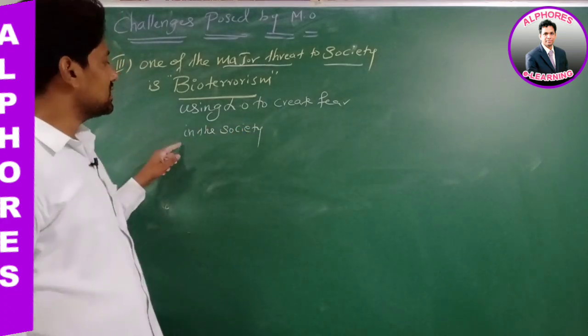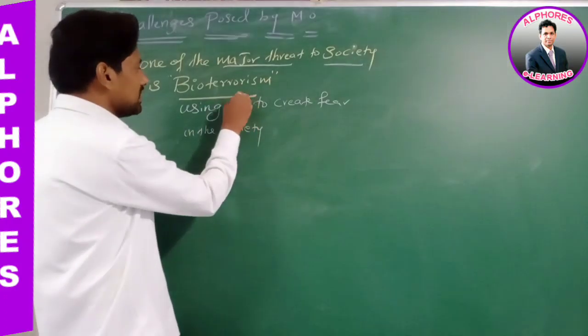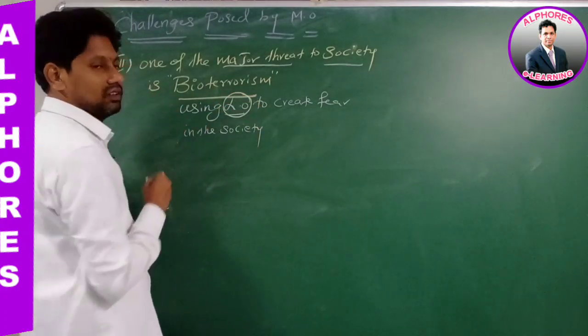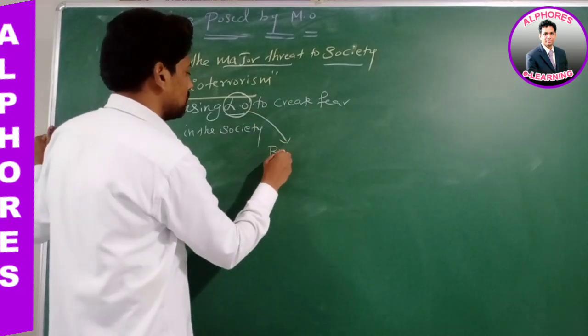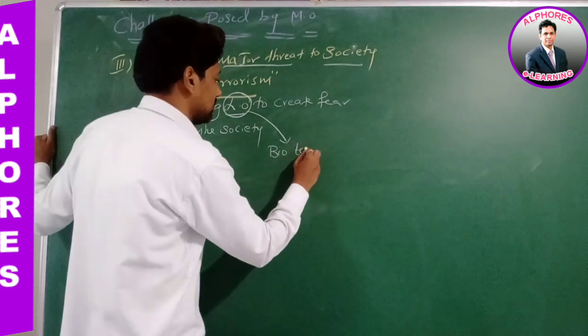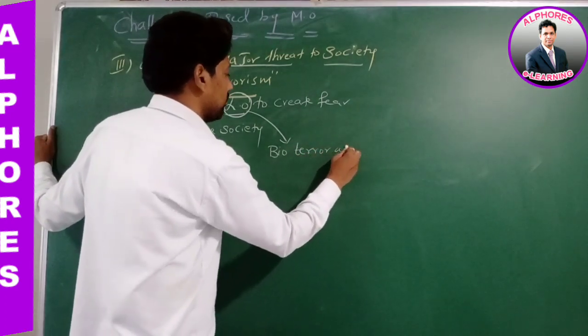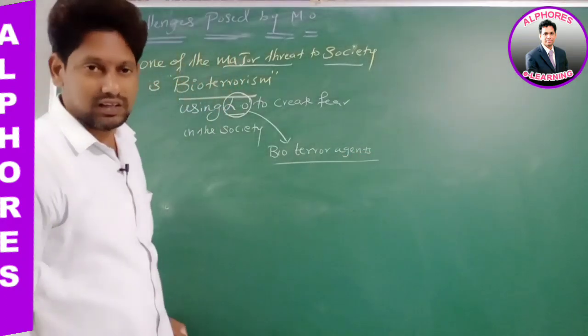Sir, who is creating the fear or terror in the society, sir? Living organisms. These living organisms which are creating fear in the society are called bioterror agents. What are those agents called, sir? Bioterror agents.